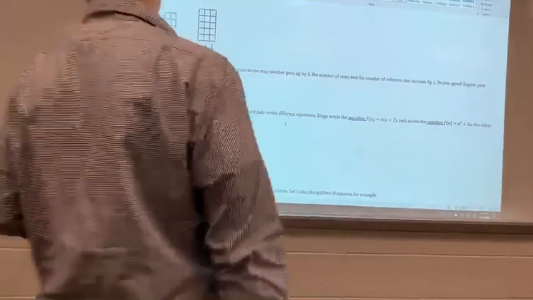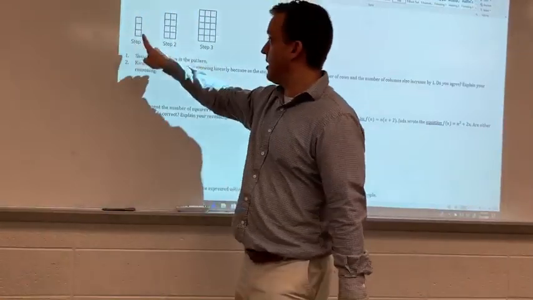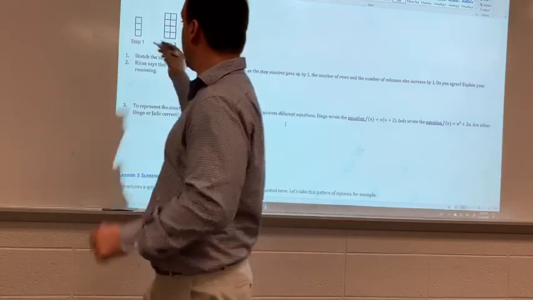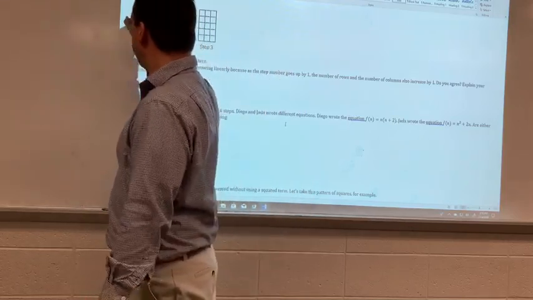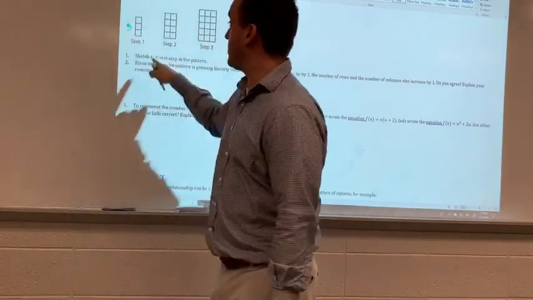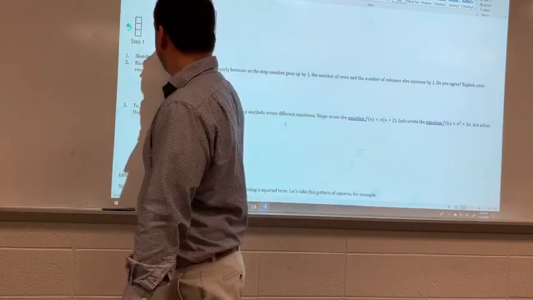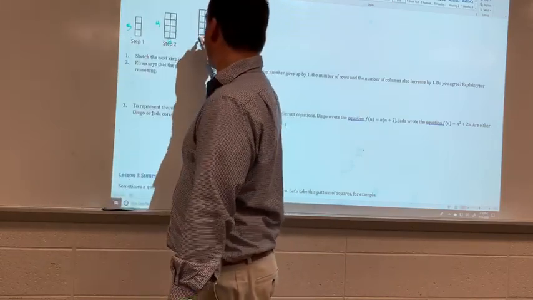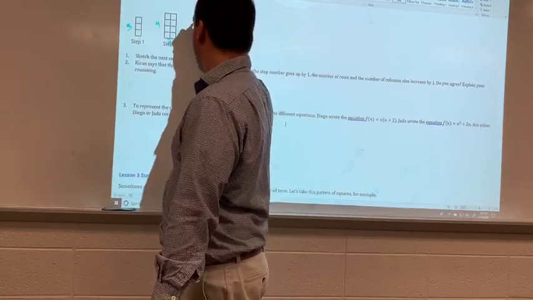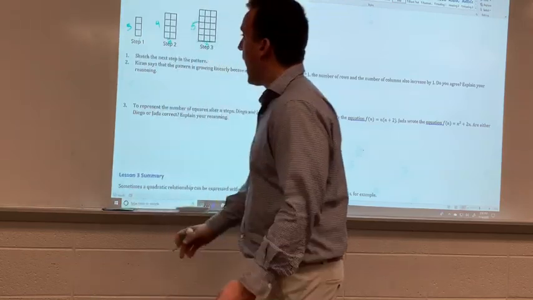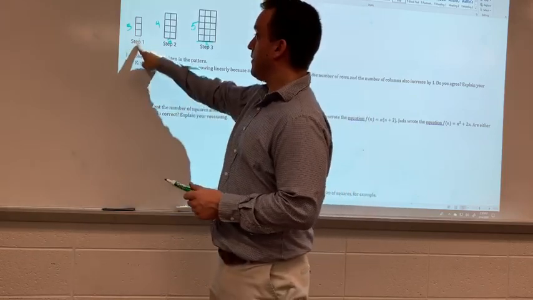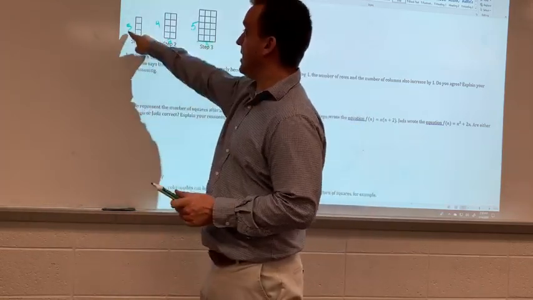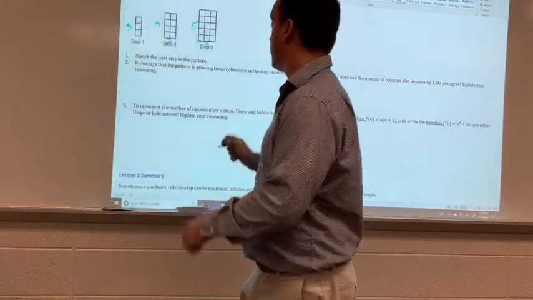Okay, here I notice in step 1, the base is 1 and the height is 3 of my rectangle. In step 2, the base is 2 and the height is 4. In step 3, the base is 3 and the height is 5. I'm already noticing a pattern. For the step numbers, we're just going 1, 2, 3, 4, and then the height is going 3, 4, and 5.